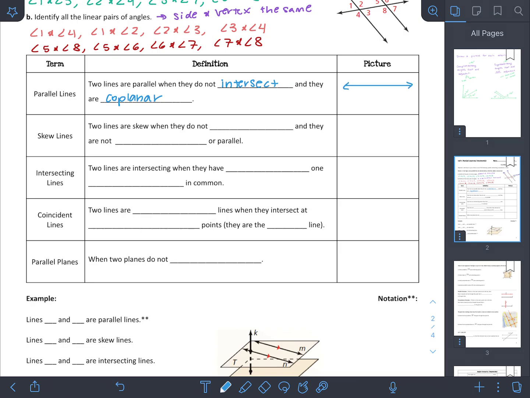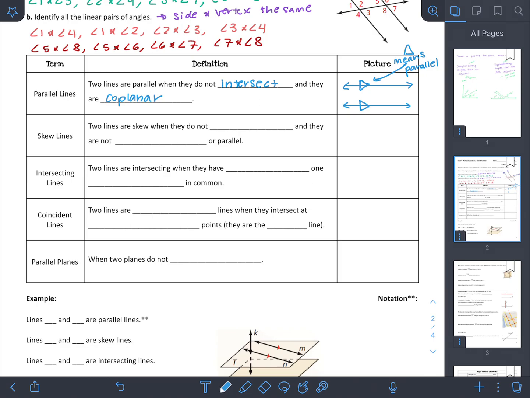You've definitely seen this in 8th grade, I would say. If you have two lines, the way we denote them as parallel is we put little triangles on them going the same direction. So if you want to write that in, the triangle means parallel. And again, they just don't run into each other. So we often talk about train tracks as a way of remembering these because they're never going to intersect.